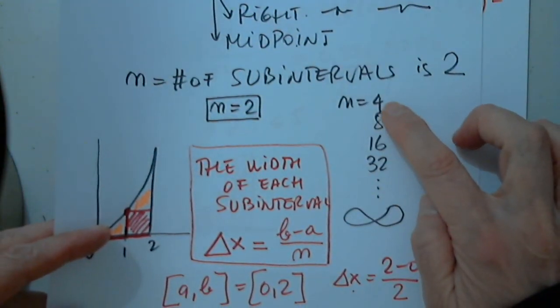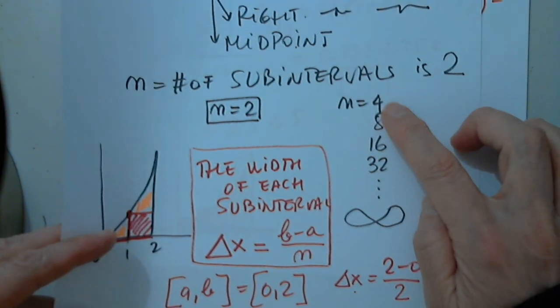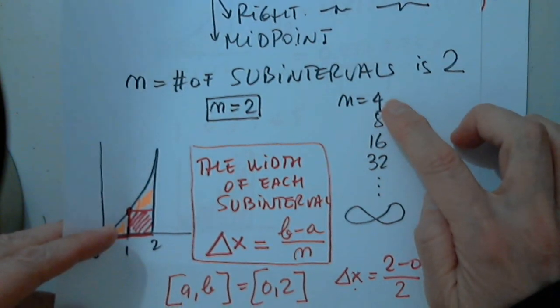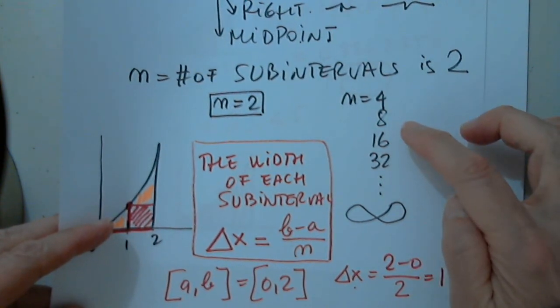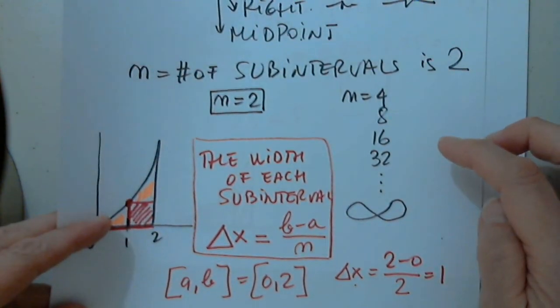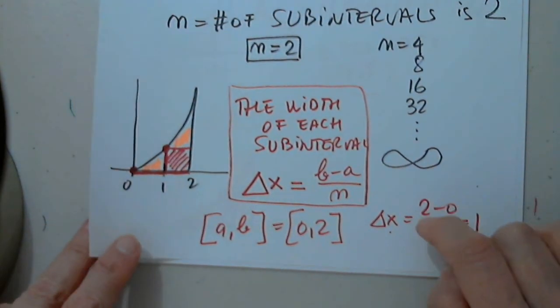With 4, do you think I'm going to get a better area? Closer to the truth? Yes. What about 8? What about 16? What about 32? What if I have infinite?